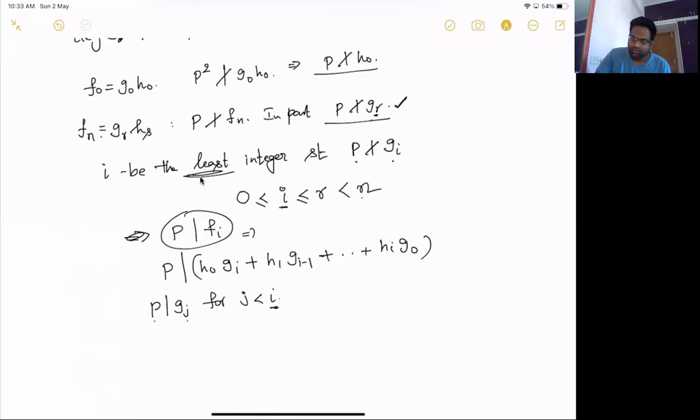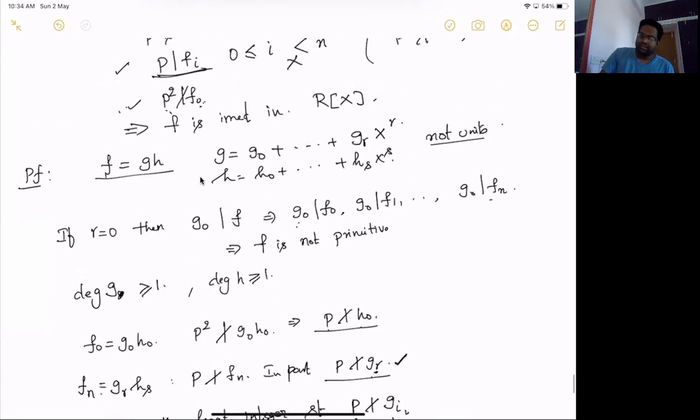Now this entire thing is divisible by p. And we already know that this entire thing, which is Fi, is divisible by p. And therefore this remaining term must also be divisible by p. But we had seen that p does not divide H0. So it follows that p divides Gi. But this is a contradiction, because i is the least integer such that p does not divide Gi. So this contradiction proves the theorem.